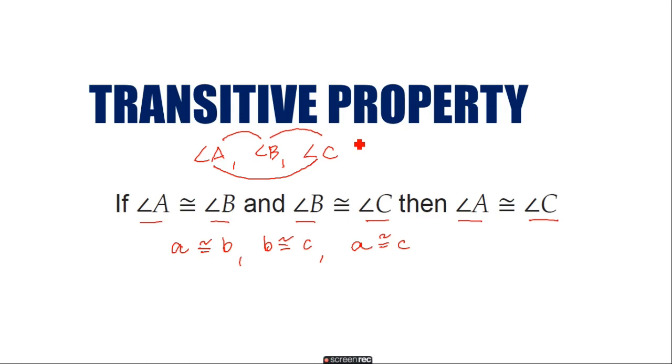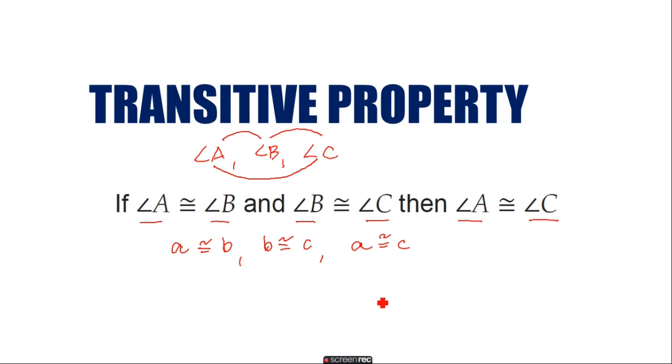The first one that we discussed is the properties of equality, and this one is the properties of congruence. It depends upon the given symbol. If the given symbol is in terms of equality, then that is the property of equality. But if the given symbol is congruence, that will be property of congruence.